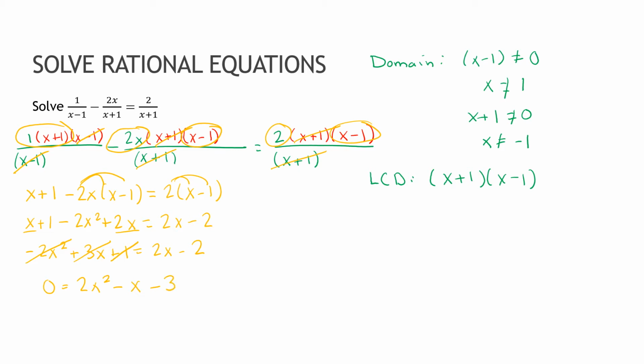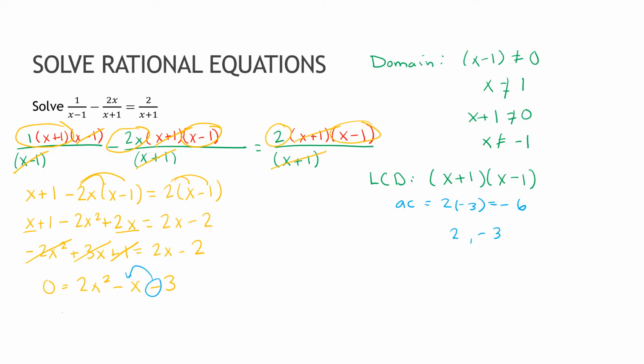Now, keep in mind this is set equal to 0, which means from here I want to be able to factor. So, using my amazing factoring, a times c would be 2 times negative 3, which is negative 6. I want numbers that multiply to negative 6 and have a difference of negative 1. So it seems like 2 and negative 3 are the way to go.